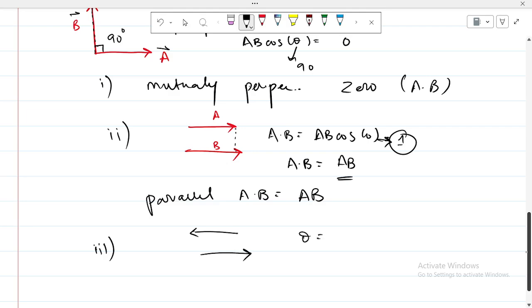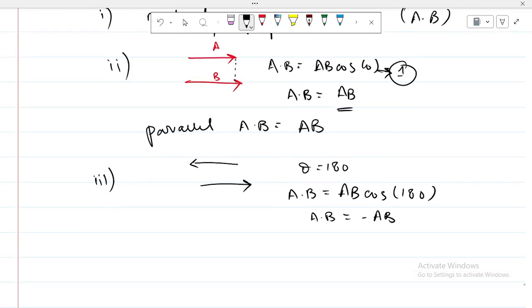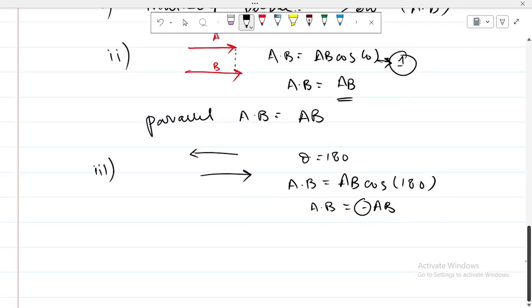So with theta equal to 180 degrees, since they are anti-parallel, A dot B equals AB cos 180, which is -1. So we get A dot B equals -AB. In terms of magnitude, it is the same as the second property, but we just get an extra negative sign, to imply that the two vectors are anti-parallel to each other.